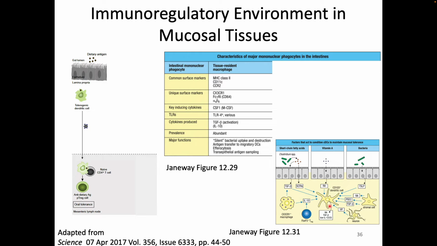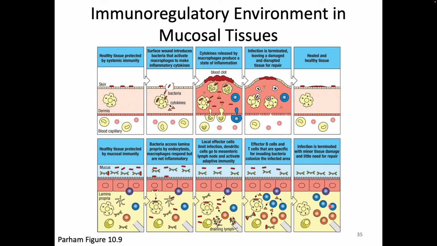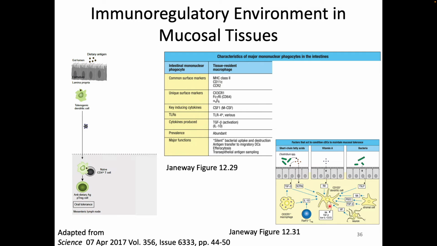Why evolutionarily, or why sort of in general immunology terms, might it be a problem if you had what happens at the top happening in your mucosal tissue, like in the intestine? Why might that be a problem? Yeah, Karamay. Because on the top layer, like your skin, it grows in size.